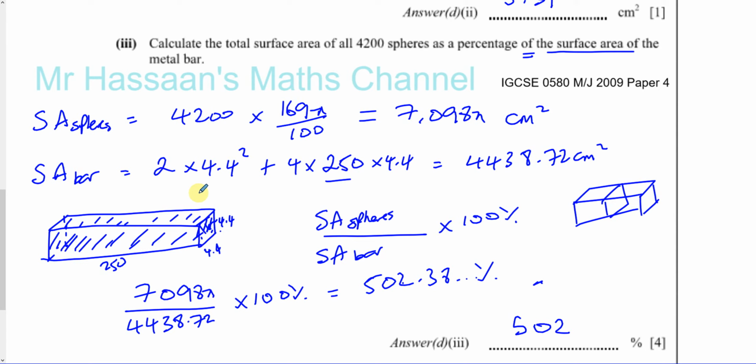You're exposing more of the inside of it to the surface, so its surface area will increase. That's one of the reasons why this is bigger than 100%. So that's how you could understand why, and I think that's the end of that question.